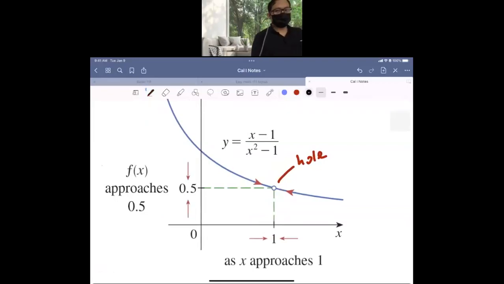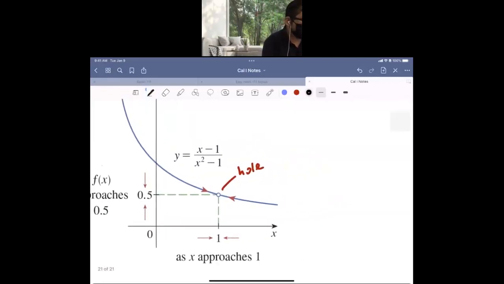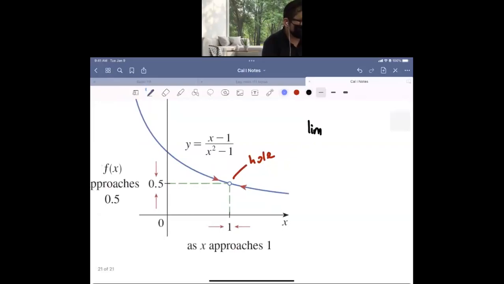Okay, so this is going to be our definition. So if we want to write with limit, we can write the limit as this approaching, okay, this is approaching x equal 1, right?